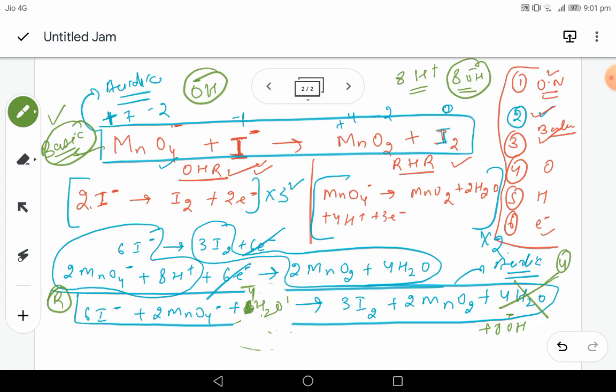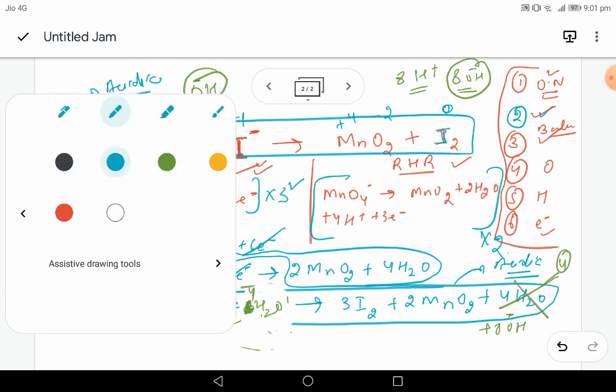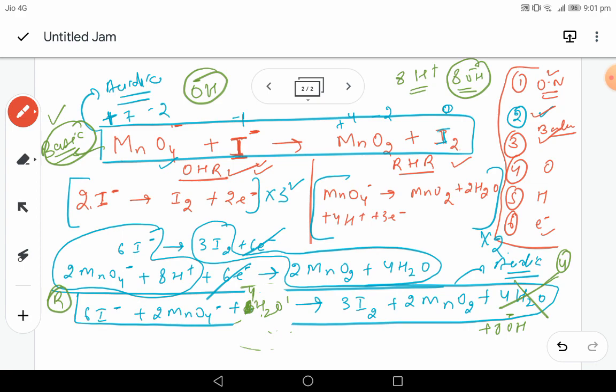So now this equation is balanced according to the basic method. So I am writing the final equation which will be according to the basic medium. 6I negative plus 2MnO4 negative plus 4H2O, it will give 3I2 plus 2MnO2 plus 8OH negative.